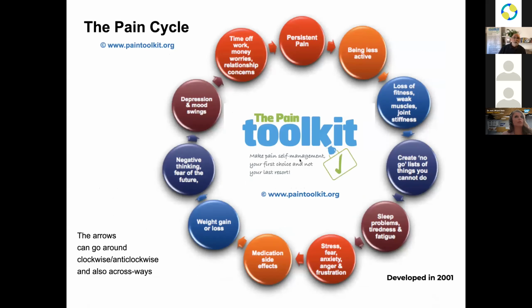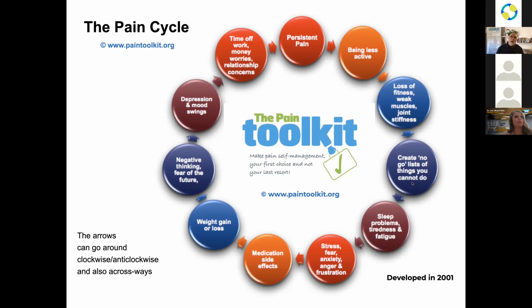So this is how I got stuck, and most people do: the pain cycle. It's in one of the little booklets I wrote years ago, which the NHS and other people use. When I show this to people with pain, a lot of them say, "Oh my God, it's like looking in the mirror." They can see themselves in it, where they've got persistent pain or back pain. They get less active. Obviously, their muscles get weak and the joints stiffen.